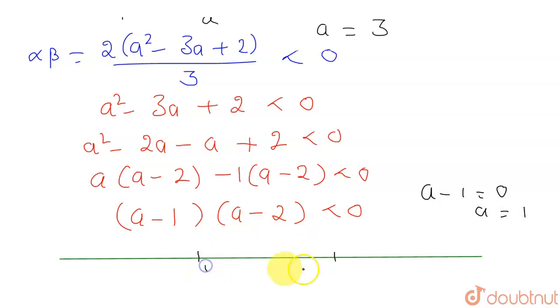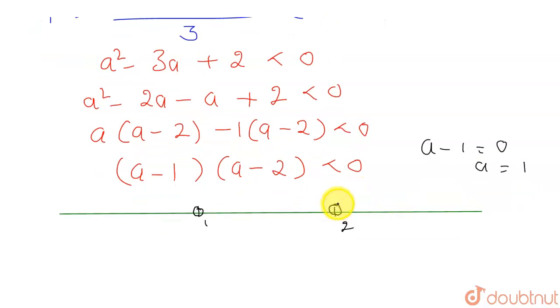So 1 and 2 are zeros of this inequality. If I take any value greater than 2, let's say I have taken 3, this will give me a positive term and this will give me a positive term. So this value is positive when a is greater than 2.